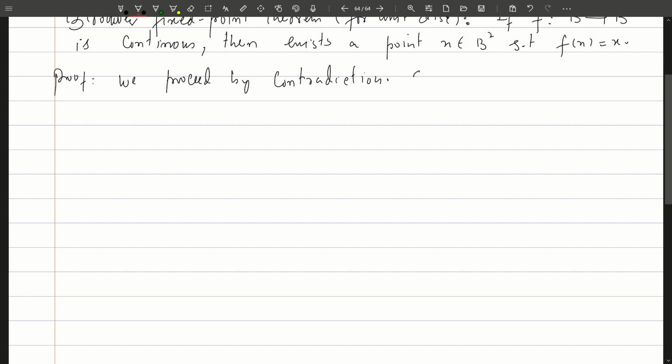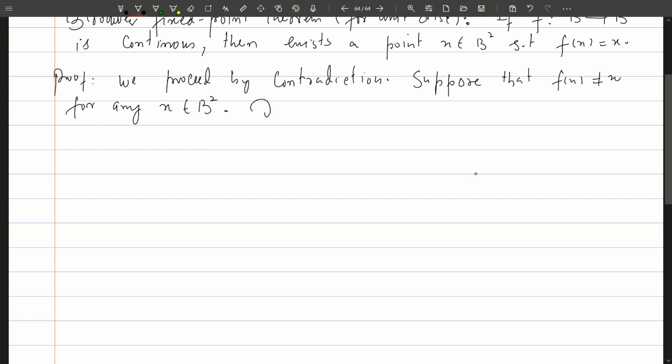Suppose that no point remains fixed. Suppose that f of x is not equal to x for any point x in the ball B2.